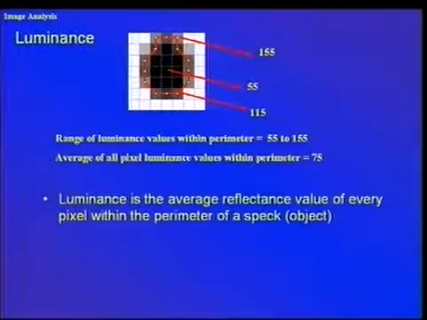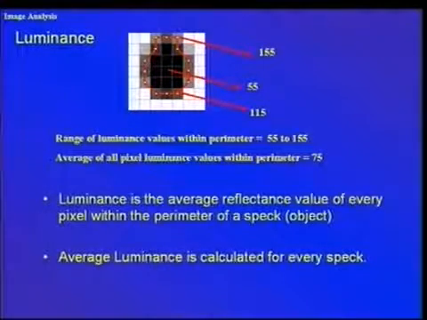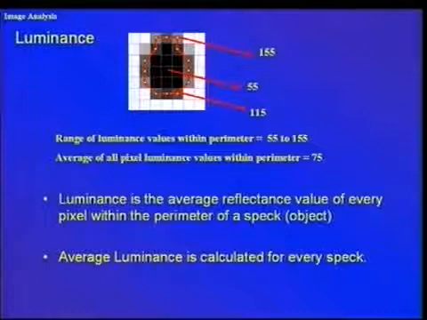A bit on luminance. Every speck is different in its luminance. There is a gradient across the speck. Inside the perimeter, we can measure all of the speck luminance values. Just what is its reflectivity, and we can get the average.